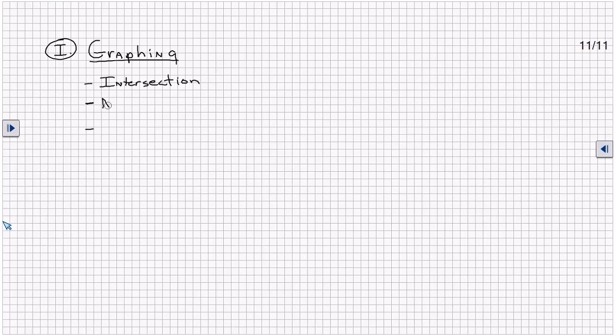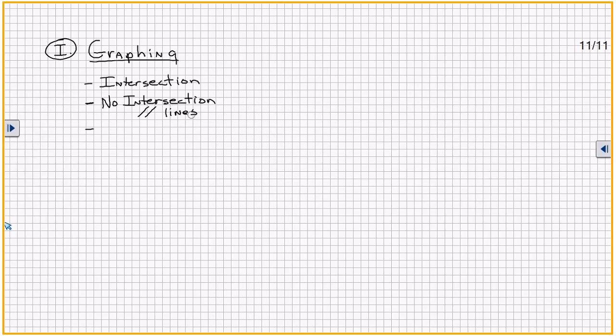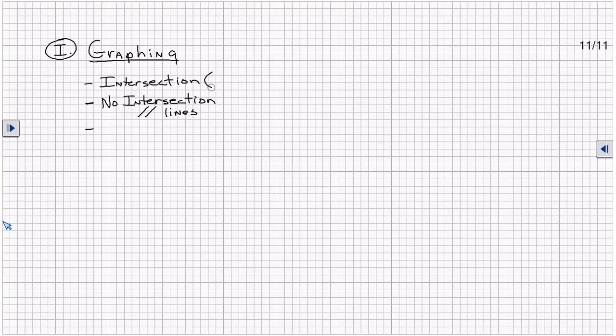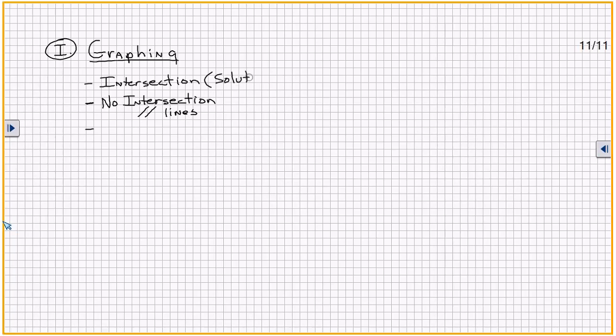No intersection means you have parallel lines. Parallel lines mean that they do not intersect. And if you have an intersection, you have a solution.